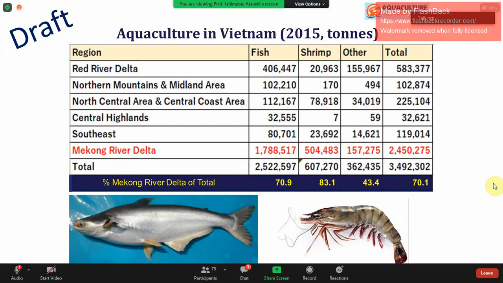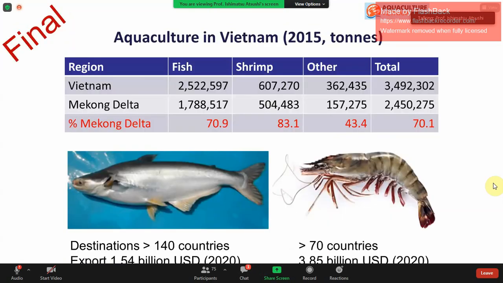But after some consideration, I noticed that what I really want to tell the audience is the importance of the Mekong Delta. So the other areas, like the Red River Delta, actually don't matter, so I thought. So I modified this one into this one.